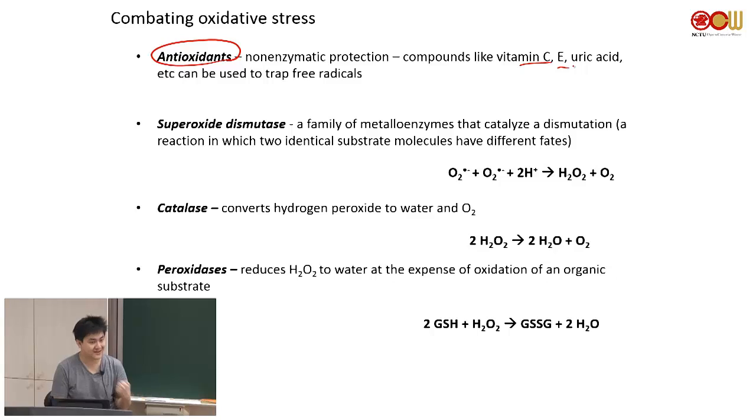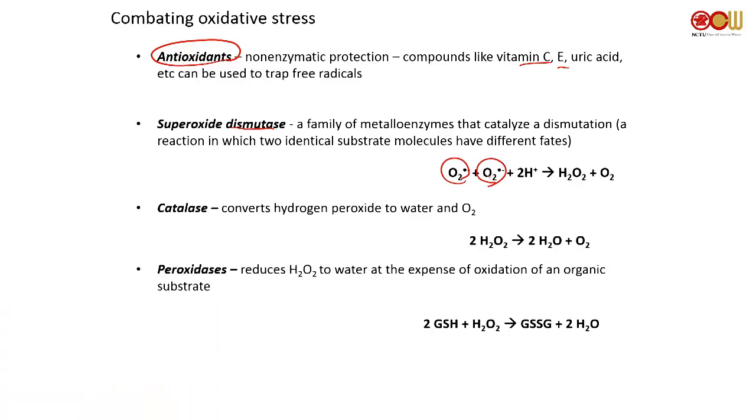Those are chemical antioxidants. You can also have this thing called the superoxide dismutase. Okay, it's a type of enzyme that will take two O2 radicals and make them into hydrogen peroxide. And the hydrogen peroxide can use another thing called catalase, which converts that into H2O and O2. So these things are sort of together.